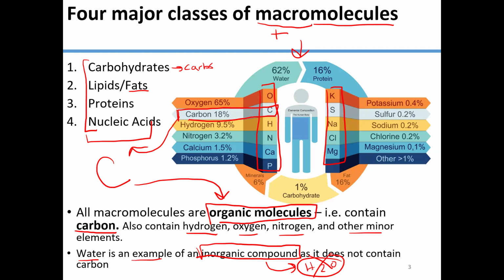Remember, macro meaning big, molecule meaning those separate pieces, adding all those together to produce our four macromolecules: carbohydrates, lipids, proteins, and nucleic acids. All of these are considered organic molecules because they contain carbon. Water is an example of an inorganic compound because it does not contain any carbon.